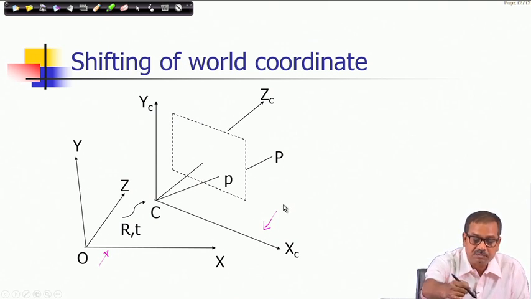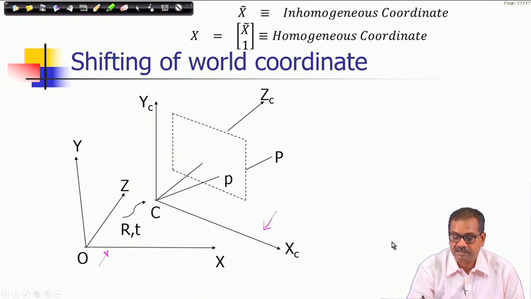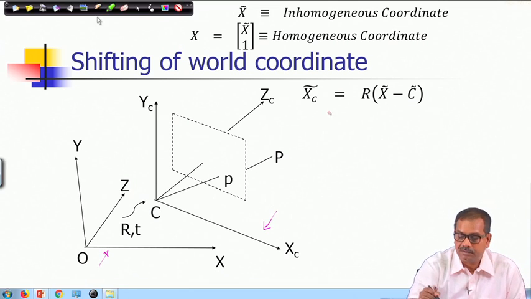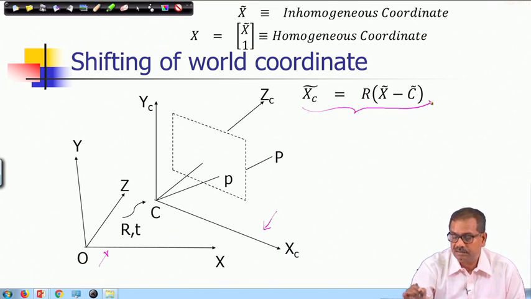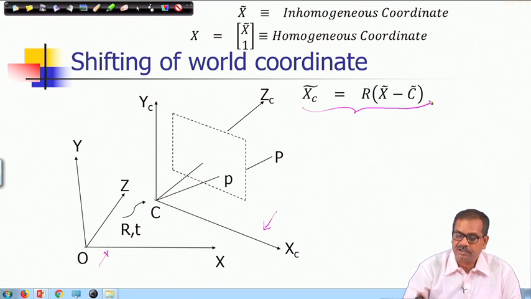So, this could be related by this simple form, where R is a 3 cross 3 rotation matrix. So, first you have to shift the coordinates of the three dimensional point.